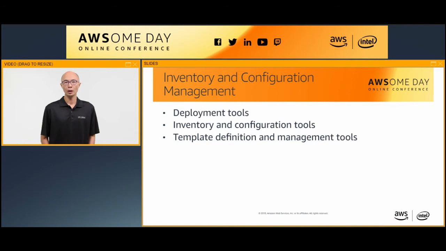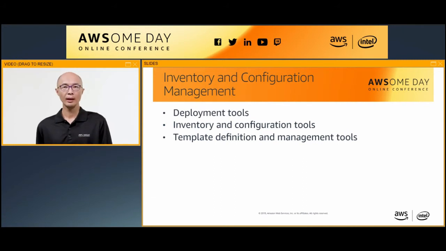These include deployment tools to manage the creation and decommissioning of AWS resources according to organization standards, inventory and configuration management tools to identify AWS resources and then track and manage changes to those resources over time, template definition and management tools to create standard, pre-configured, hardened virtual machines for EC2 instances.